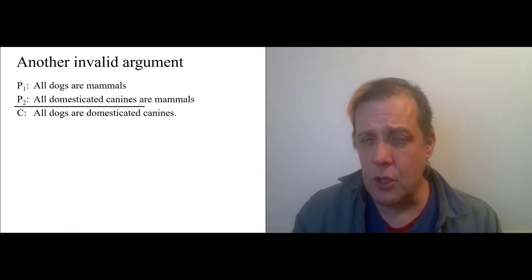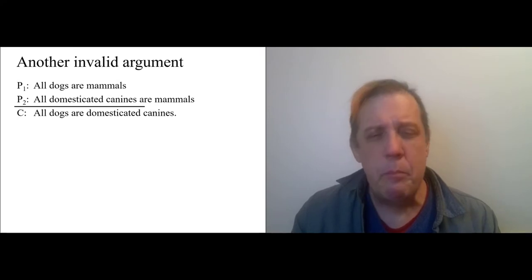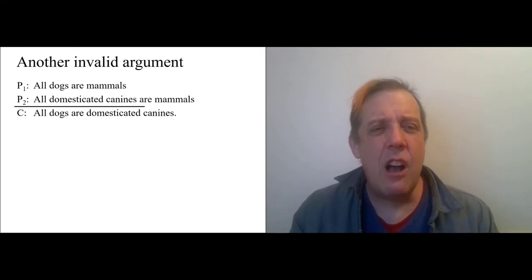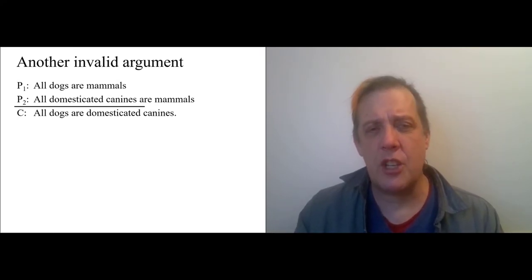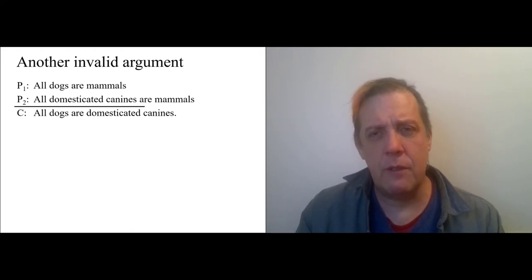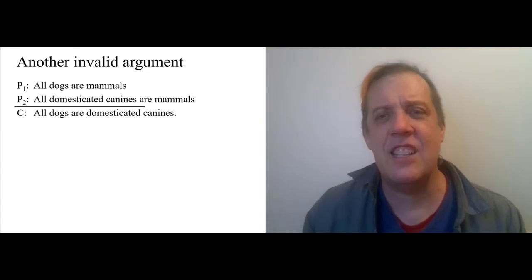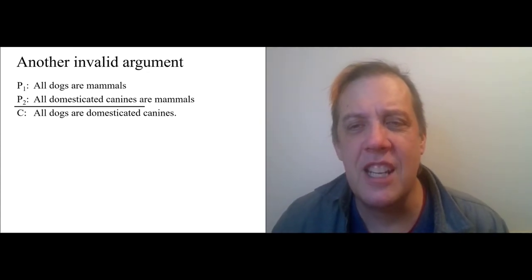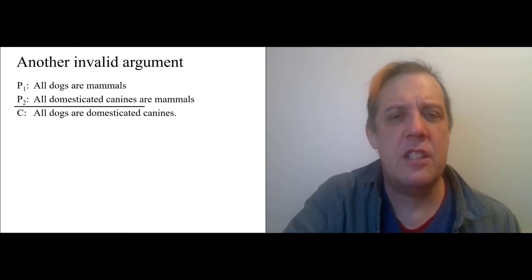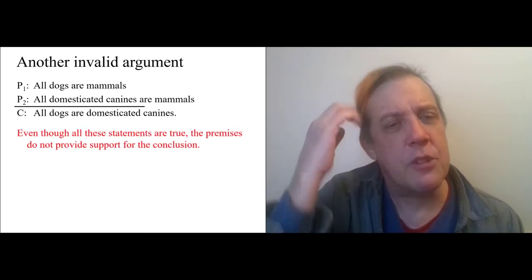All these statements are true, but the way the argument is structured, the premises could be true and the conclusion false. And the way to see that is to substitute in different terms.